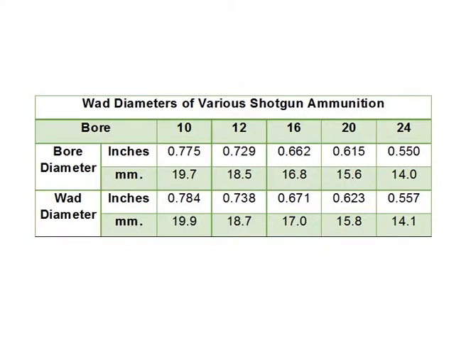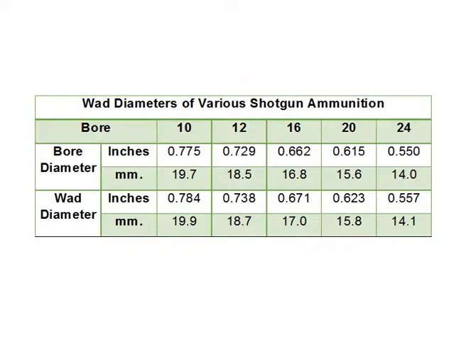Wad diameters of various shotgun ammunition. Let us first come to bore 10. Bore diameter is 0.775 inches, or 19.7 millimeters, while wad diameter for the same is 0.784 inches and 19.9 millimeter respectively. For 12, bore diameter is 0.729 inches, or 18.5 millimeter, and wad diameter is 0.738 inches and 18.7 millimeter respectively.